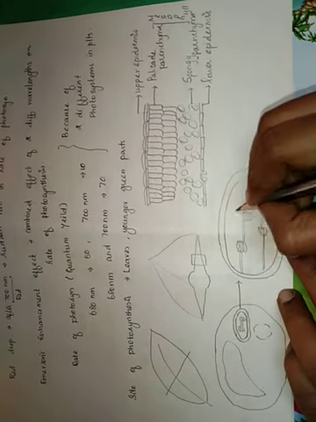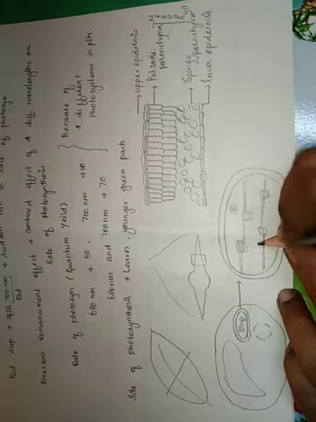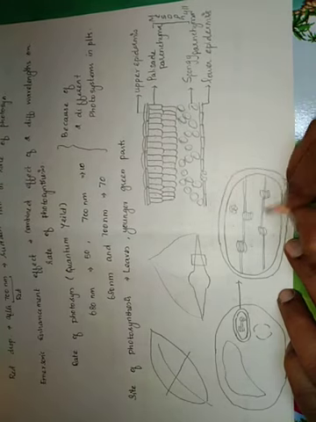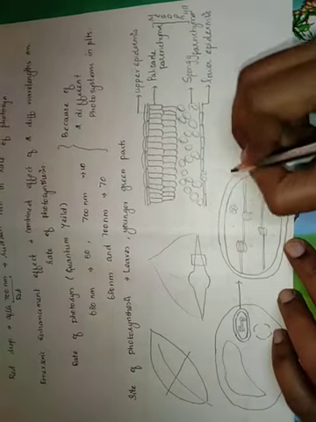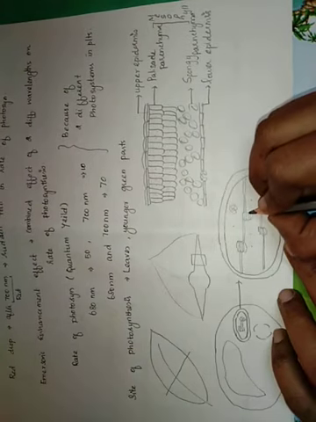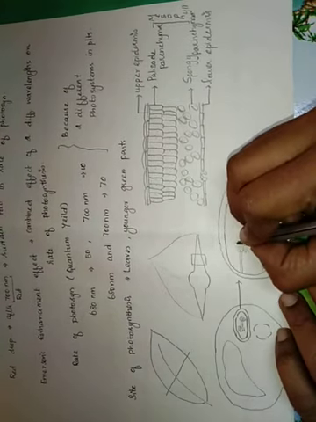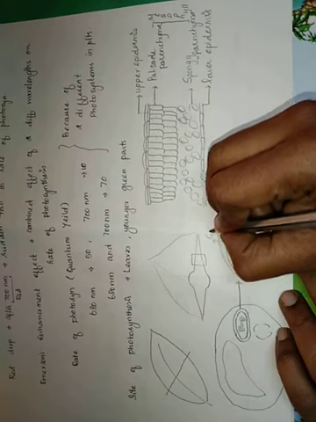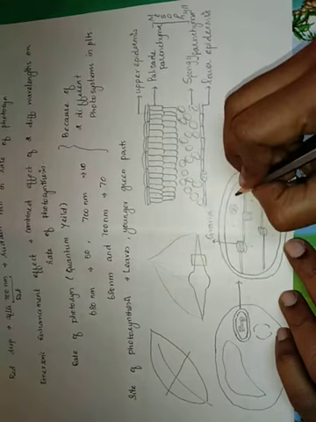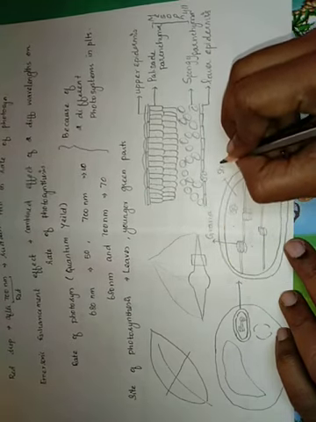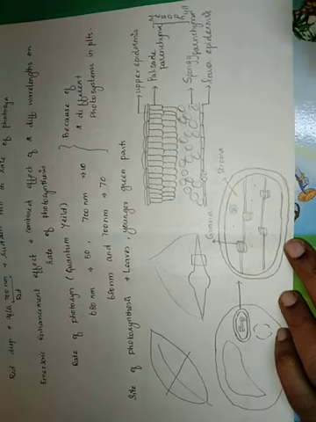It is also going to have a double-stranded circular DNA, ribosomes, and this part. So this is a granum, and this part you call the stroma, that is the matrix of the chloroplast.